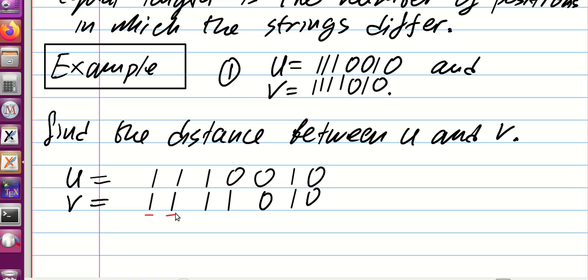The same, different, so we cross it out. The same. So there is only one position in which they're different, and the distance is equal to 1. That was the first exercise.